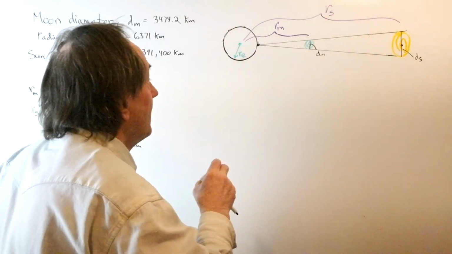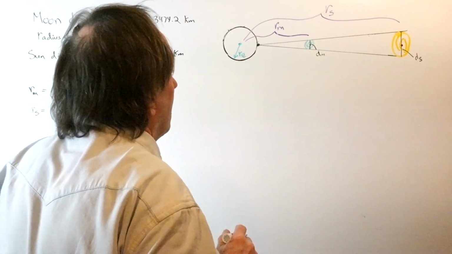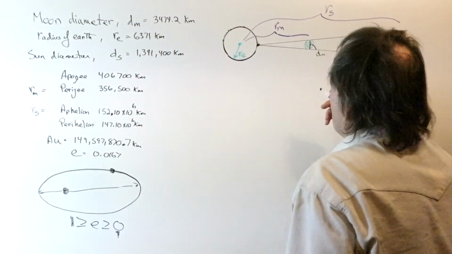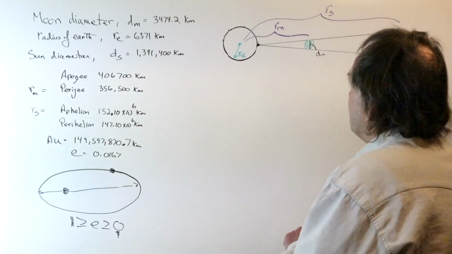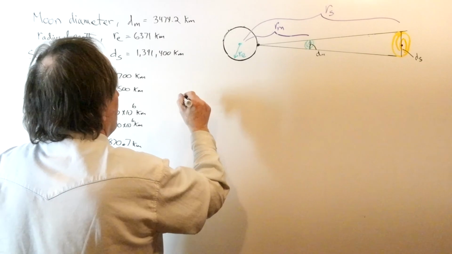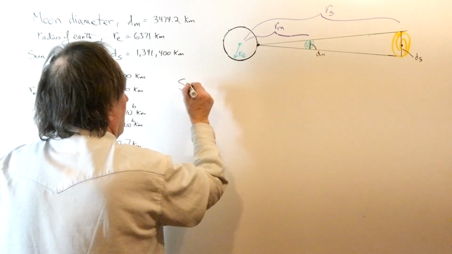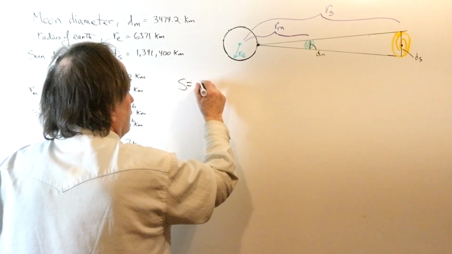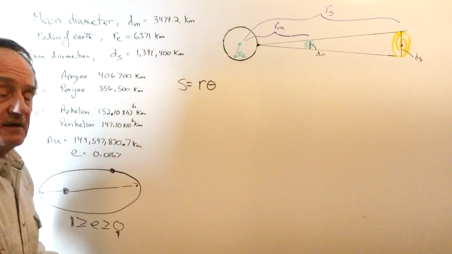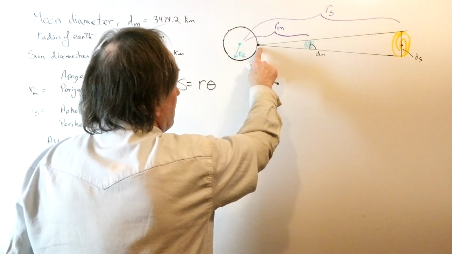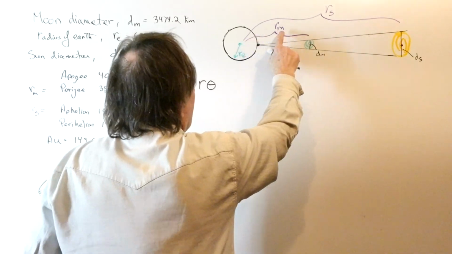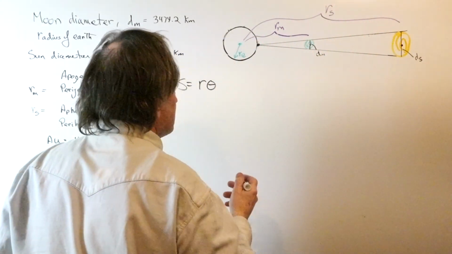Now, let's calculate out what those numbers are. Using our formula, remember that the arc length subtended is the distance out times theta, where r is the distance from the observer. Well, the observer is at the surface of the Earth, so we have to subtract off the radius of the Earth because RM and RS are center-to-center distances.